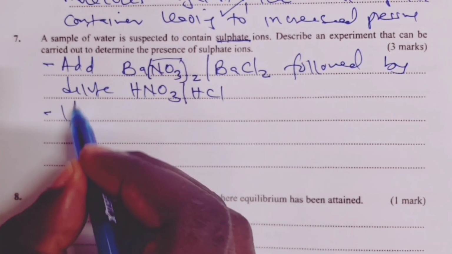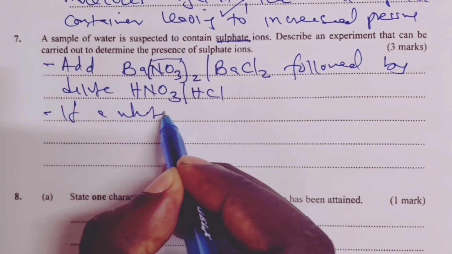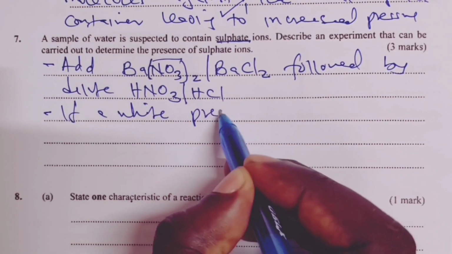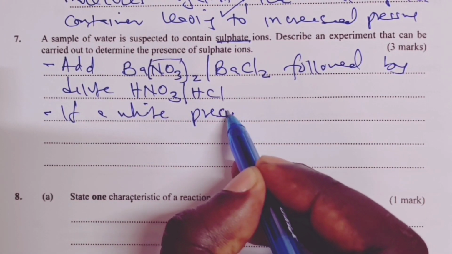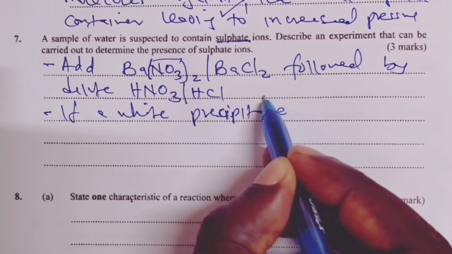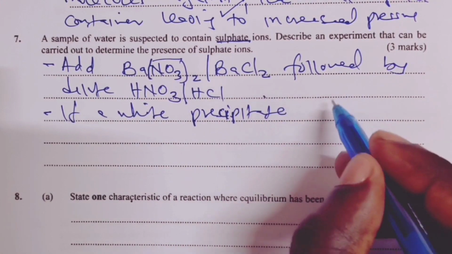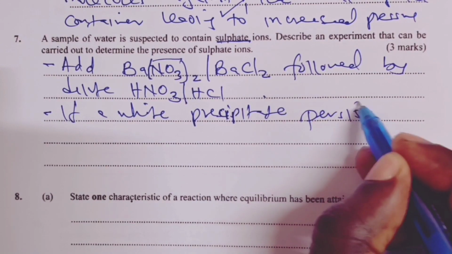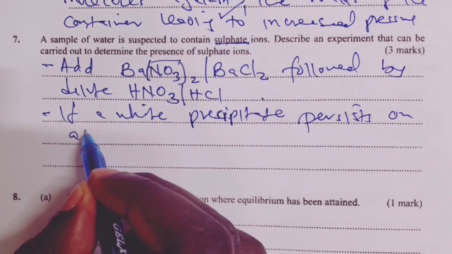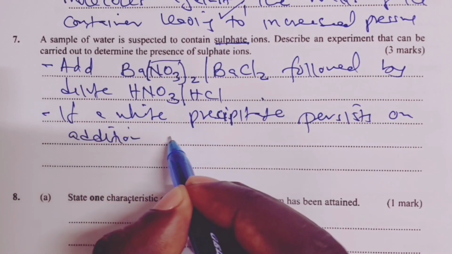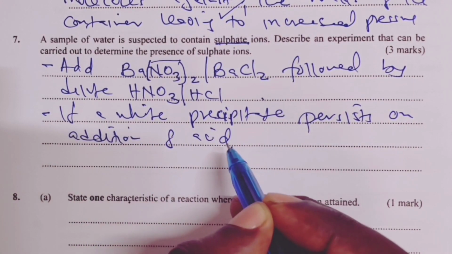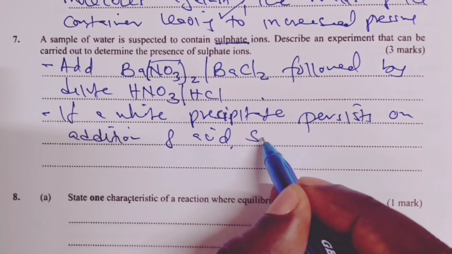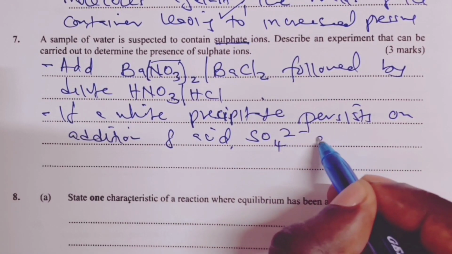Now, if a white precipitate is formed and persists on addition of acid, then sulfate ions are present.